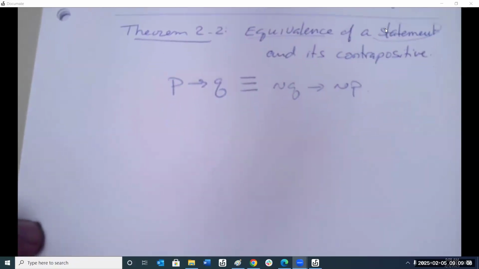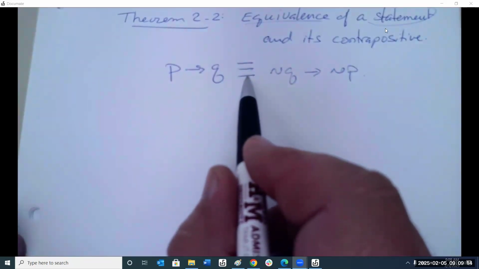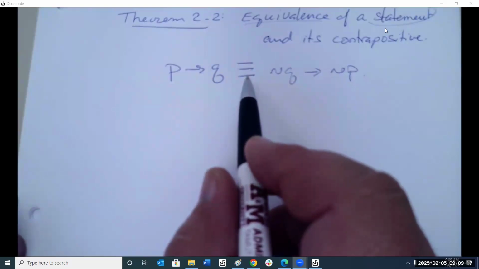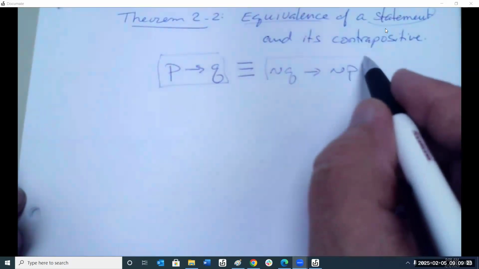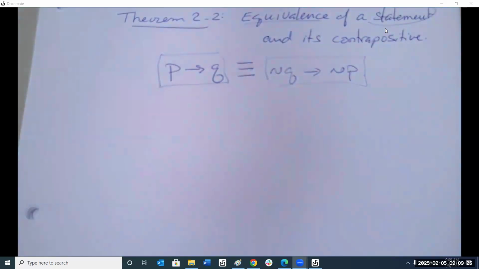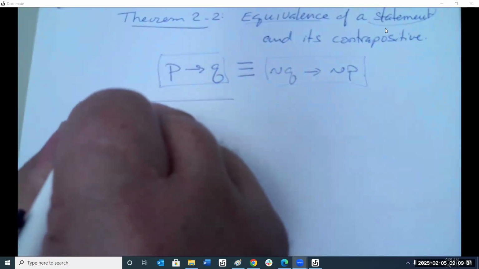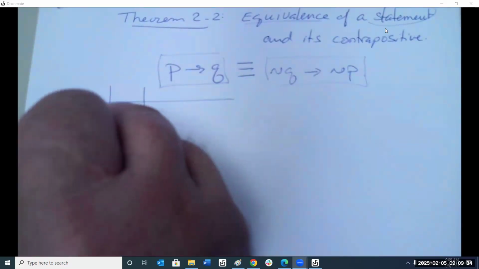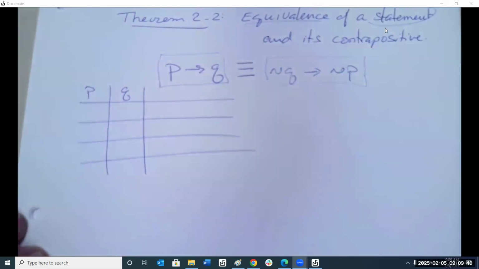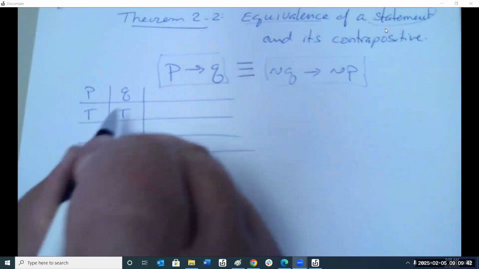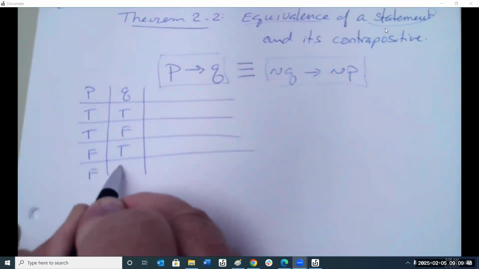Let's create a truth table for this. How do we prove logical equivalence? The truth table of this one has to be the same truth table as this one. So the last columns have to be identical. So we have P and Q. So it's going to be true, true, true, false, false, true, false, false.